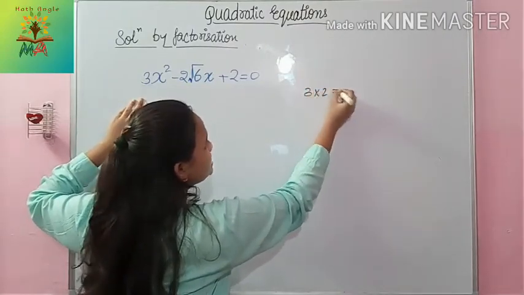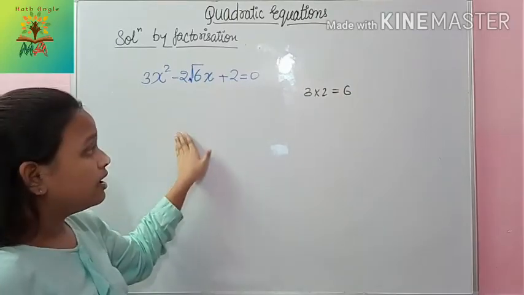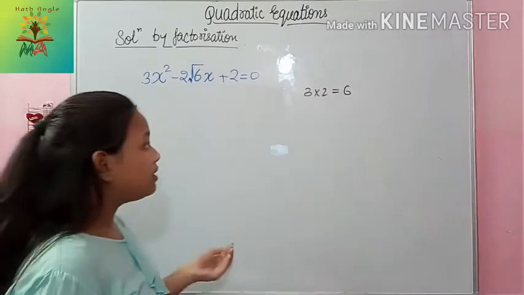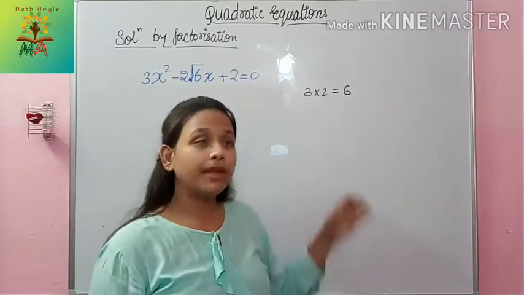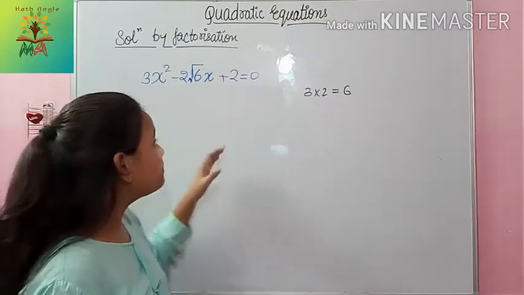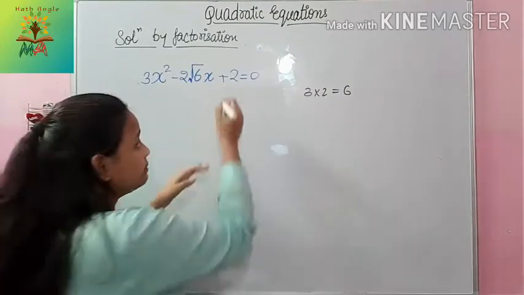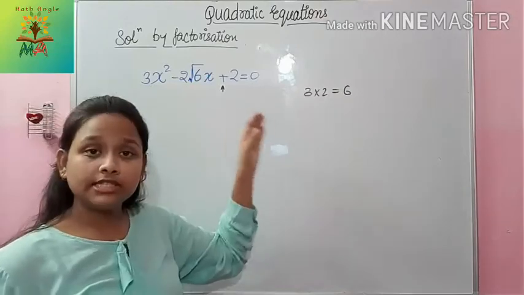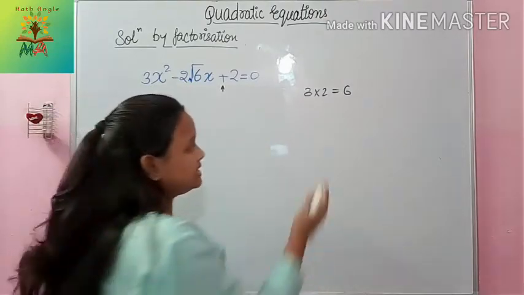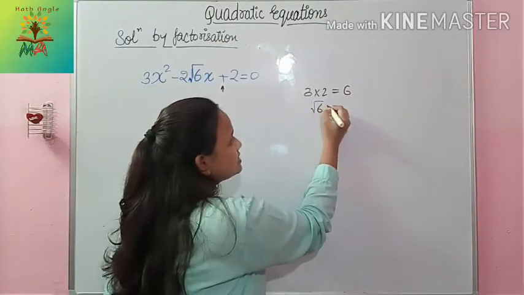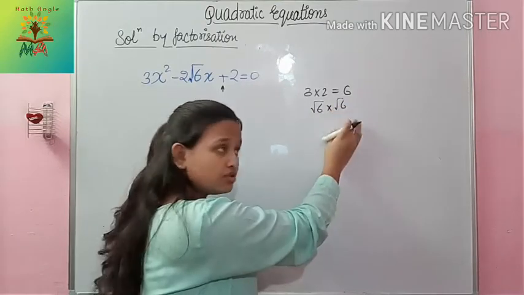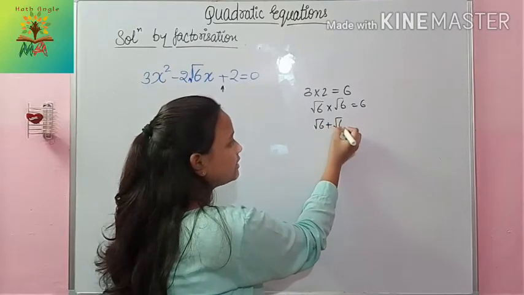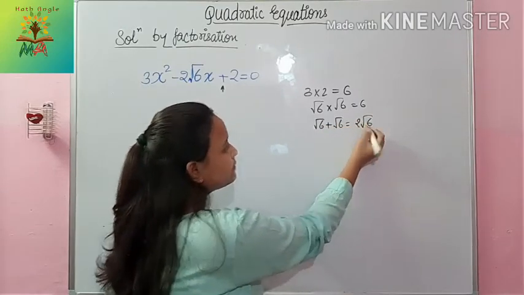2 which is 6. So we need factors of 6 such that on multiplying those factors we get 6, and because there is a plus sign here, on adding them we get 2√6. So it's very easy. Its factors will be √6 and √6, because √6 into √6 is 6 and √6 plus √6 is 2√6.